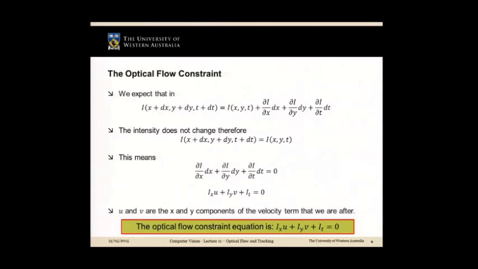So u and v are the x and y components of the velocity term that we are after. So u and v we want to calculate in this equation, and this Ix u plus Iy v plus It is a very important optical flow equation, and almost everything related to optical flow is grounded on this particular equation, and this is called the optical flow constraint equation.